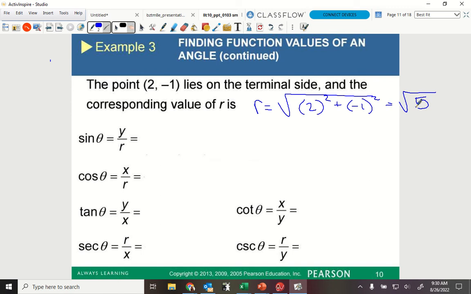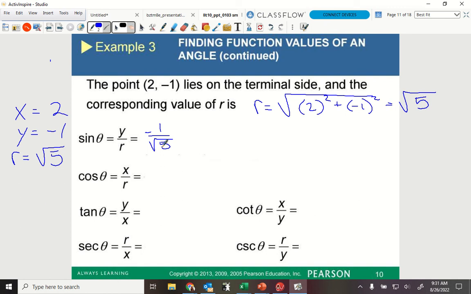So let's go ahead and set up my sine, because I know my x equals 2, my y equals -1, and then my r was square root of 5. So let's start plugging them in. -1 over the square root of 5, or you could refer to it as radical 5.